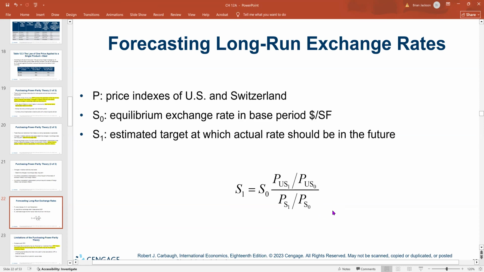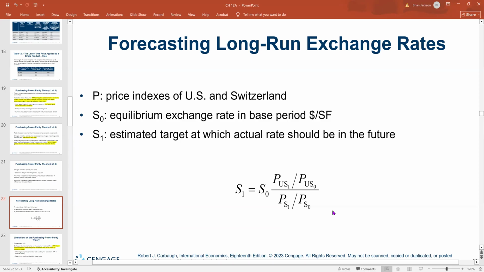I hope that's intuitively appealing. This is purchasing power parity. It's based upon the law of one price. It says that at the end of the period, if we convert that basket of goods to a common currency, say dollars, you should still have one price prevailing.